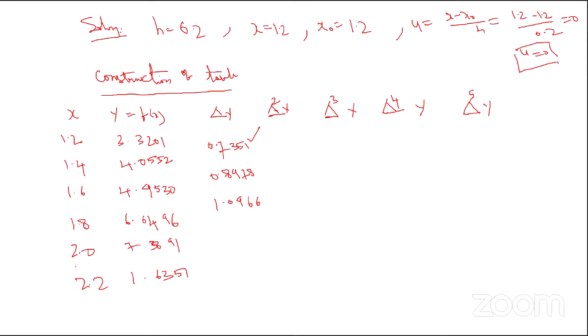So delta y is the difference: 4.0552 minus 3.3201, subtraction from down value to up value. Similarly, 4.9530 minus 4.0552, like that, down minus up.